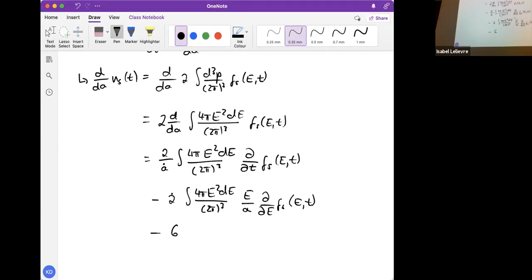So minus 6 times integral 4 pi E squared dE over (2 pi)^3 times E over a, that's once again the a derivative of E, times f_s of E comma t.